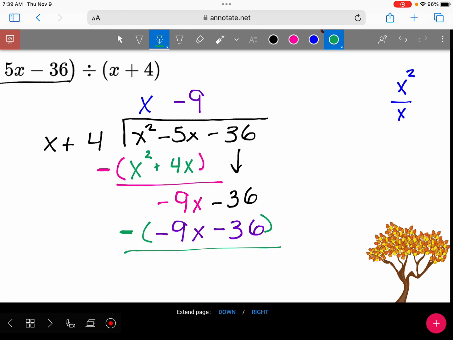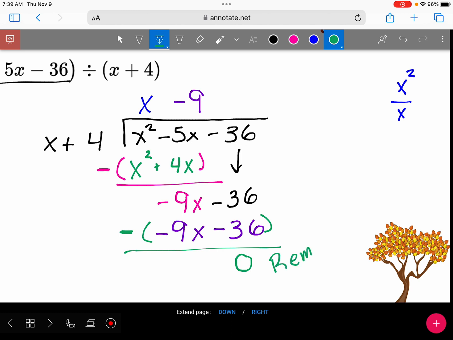So negative 9x minus negative 9x gives me 0 x's. It cancels out. It's the whole point. First term should always disappear. Negative 36 minus negative 36 gives me 0, because it's negative 36 plus 36. This is where we would have our remainder.